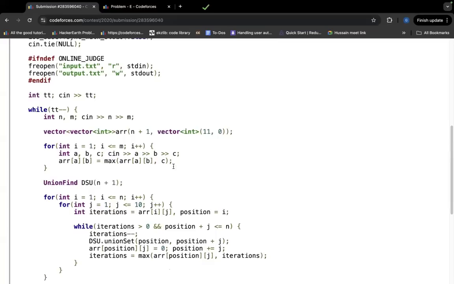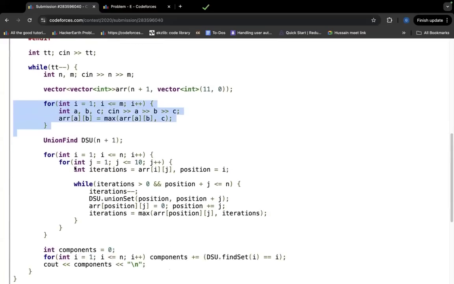Great. So after we do this, we solve for every D. D is equal to 1, 2, 3, up to 10. So the number of iterations we have left is ARR of i, j, and the position we are right now is i. So while iterations is greater than 0 and position plus j is smaller than or equal to n, basically we can go ahead.